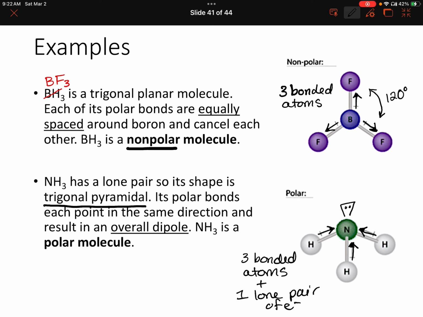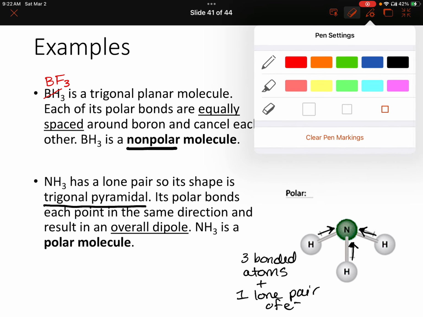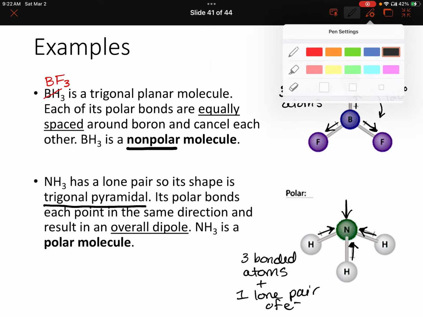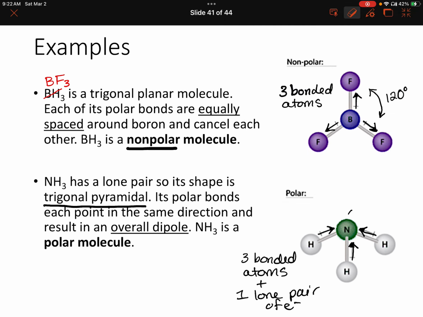Now, they're all kind of pointing in the same general upward direction, and we don't have something up above. So, for example, we don't have another bond here that is going to cancel those other bonds. Instead, we have a lone pair at the top.